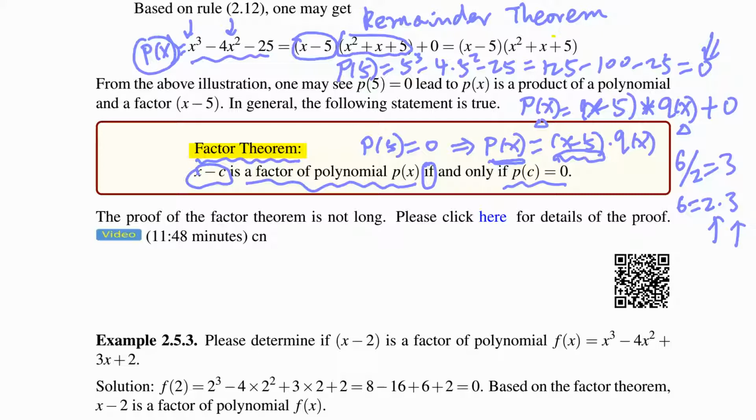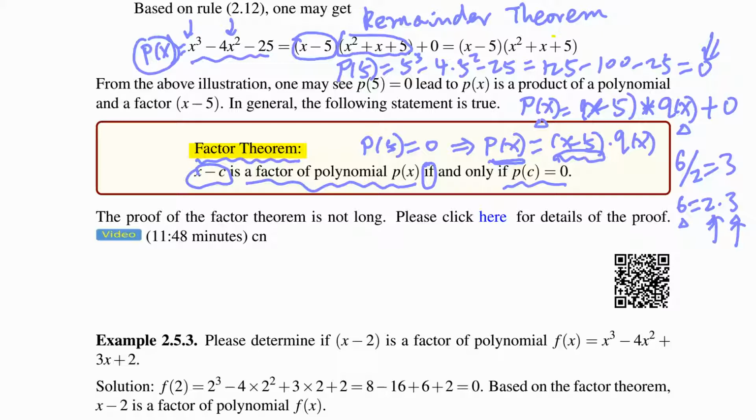That's the very simple meaning. So if a number can be written as a product of two numbers, then each of these will be a factor of the original number. That's one part of the factor theorem.